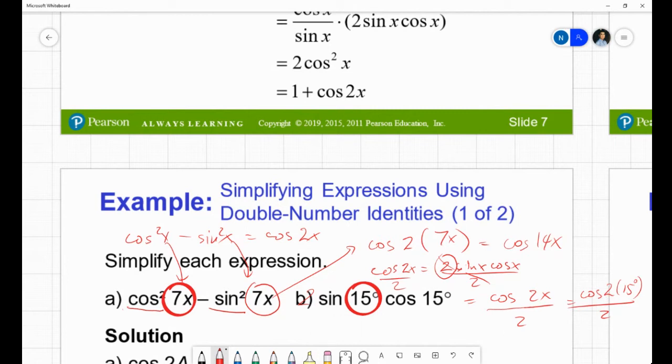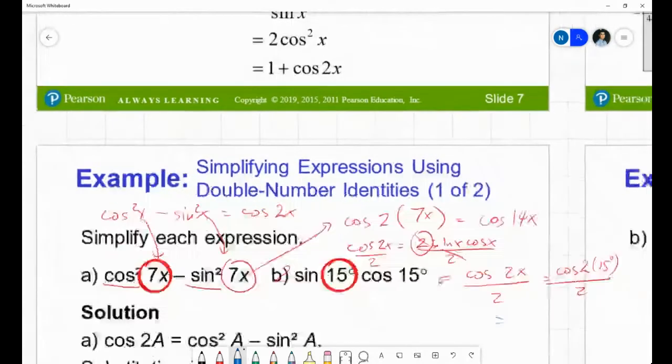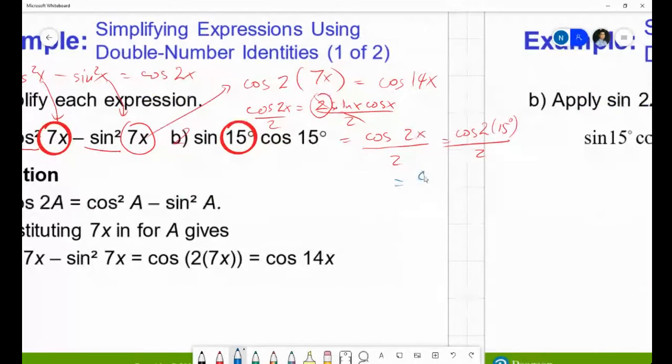Be careful that you do not cancel this 2 right here. You cannot do that because this 2 does not belong to the argument of the sine. It's actually on the outside, so you cannot cancel it. So what we have here is sine 30 divided by 2.